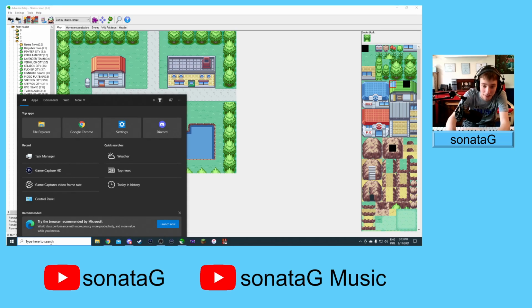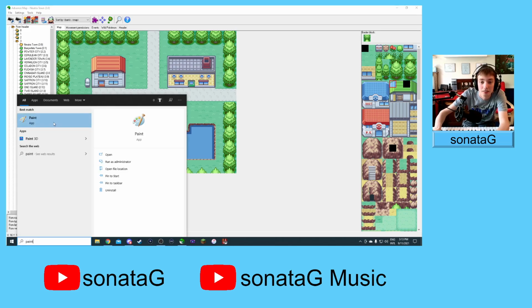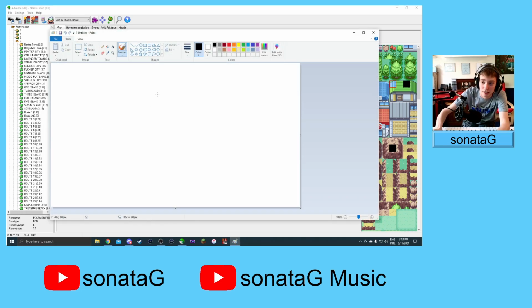Let me see if I can draw a Blubble. I've never used this really before, so I don't know how well this is gonna go. Blubbles are very cute, I will say.